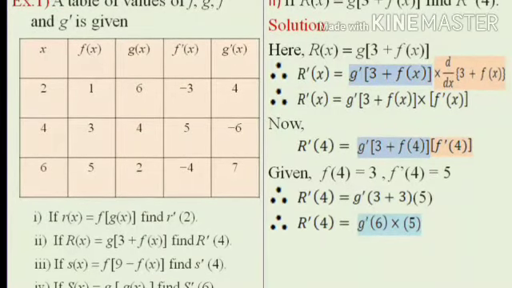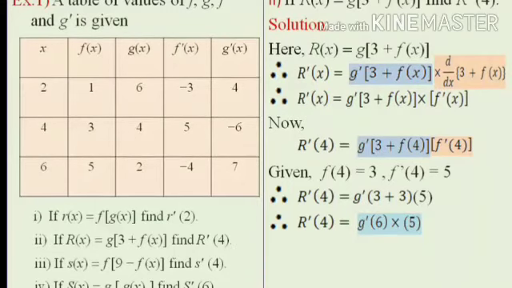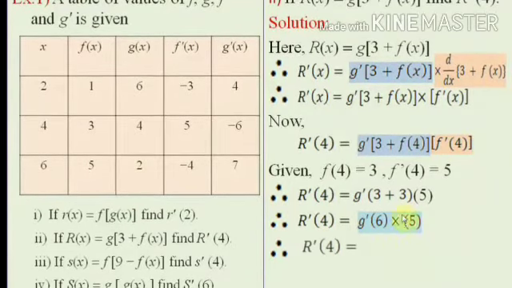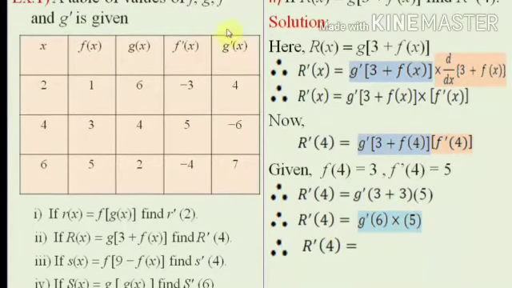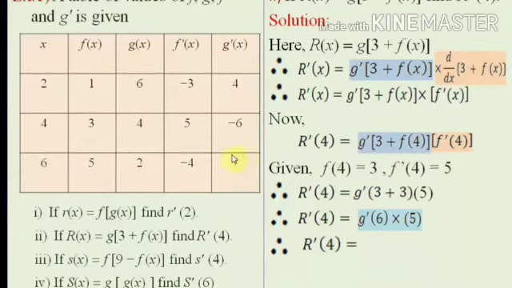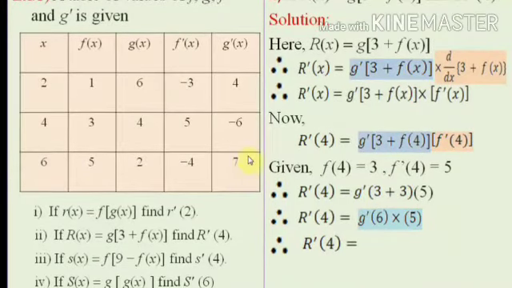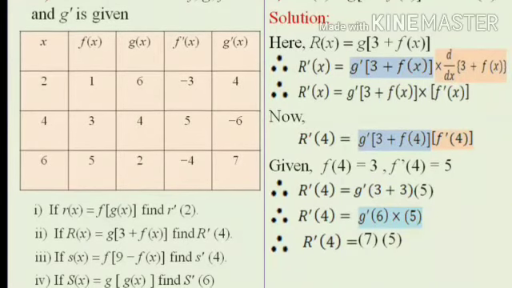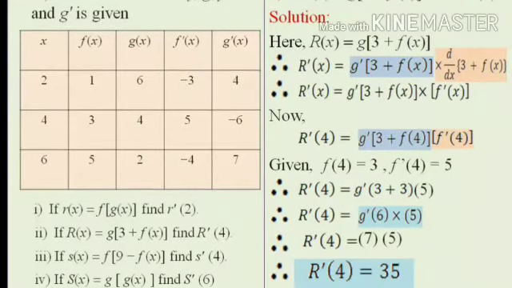Again, therefore r dash of 4 equals g dash of 6, taking the fifth column and fourth row, the value is 7, and therefore g dash of 6 equals 7 into 5, therefore r dash of 4 equals 7 into 5, that is 35.